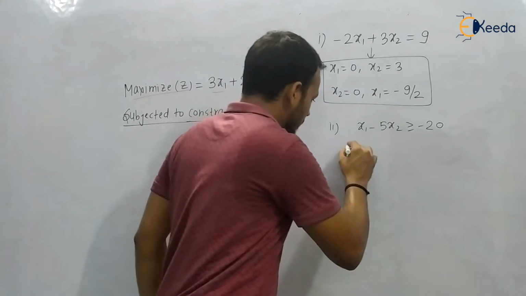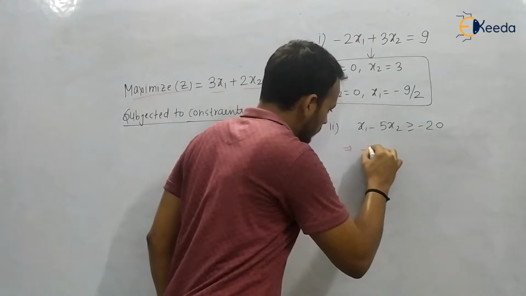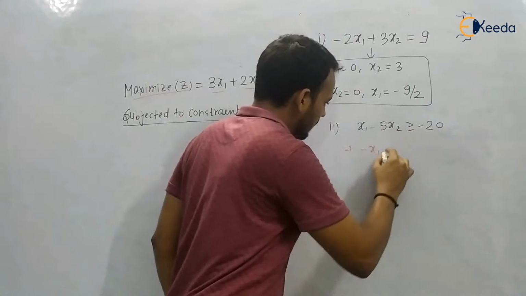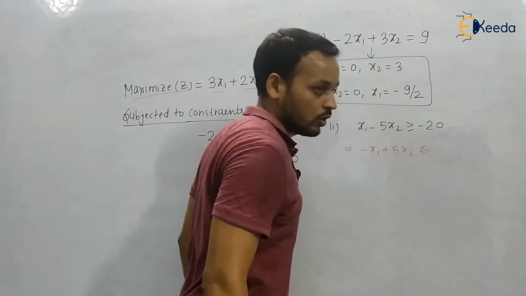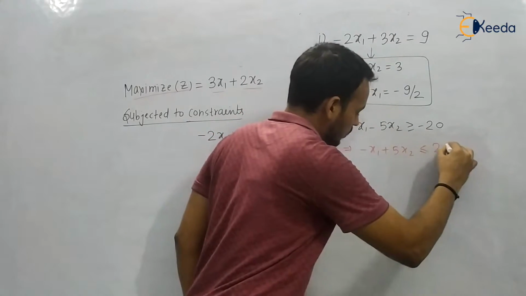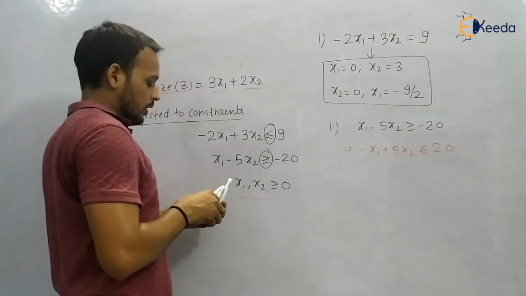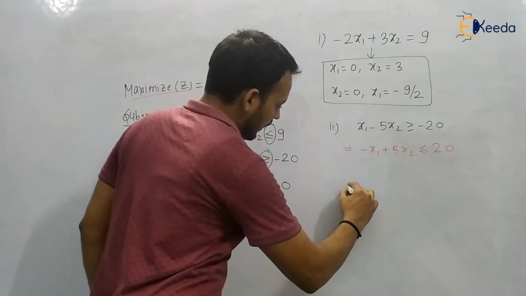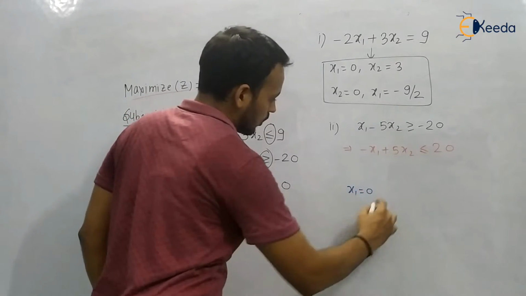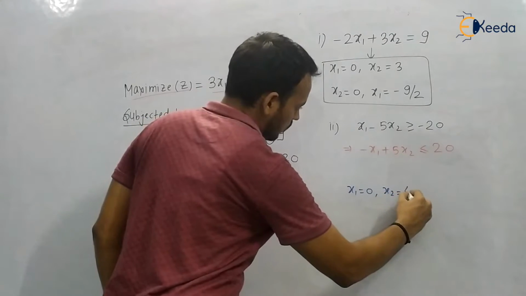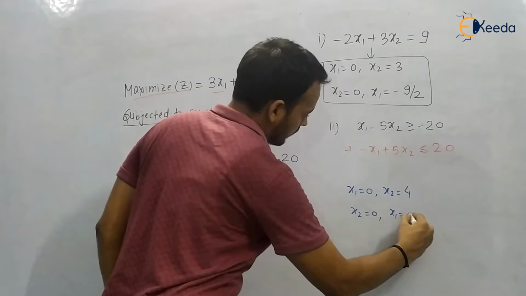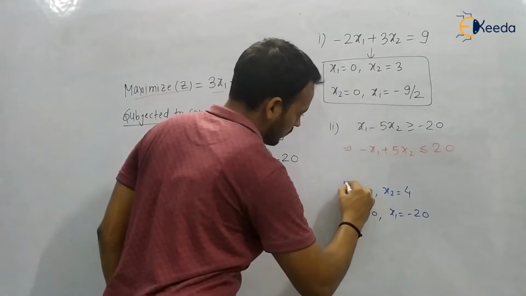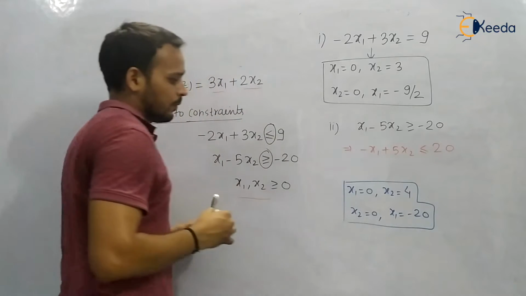Multiplying by minus sign, we get -x1 + 5x2, and the sign of inequality changes, so it is <= 20. Now for x1 equals 0, you will get x2 equals 4, and for x2 equals 0, you will get x1 equals -20. So these are your second coordinates.